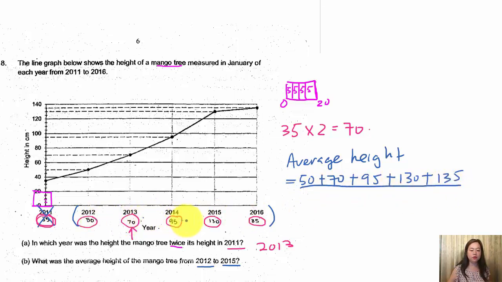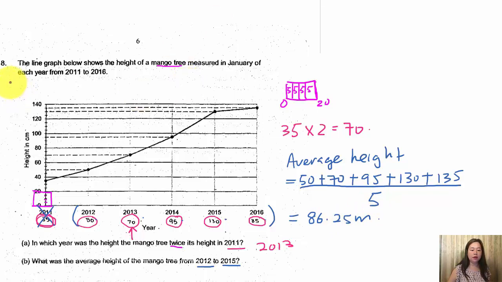So it's 1, 2, 3, 4, 5. And the answer will be 86.25 meters.